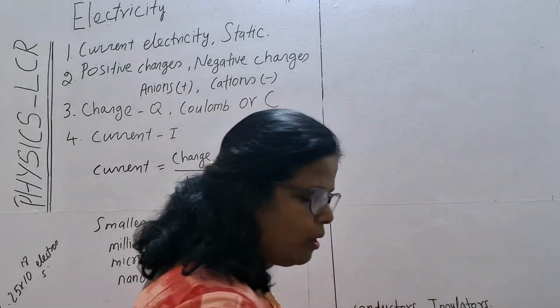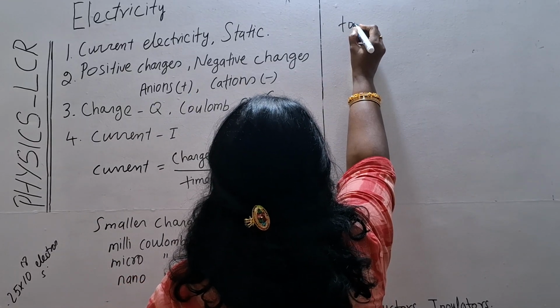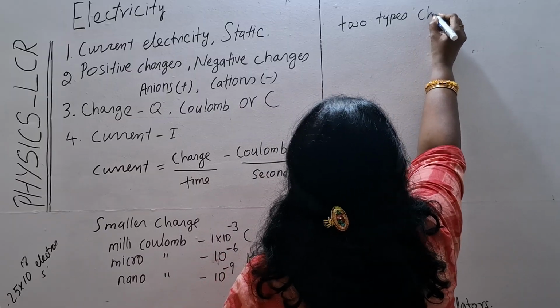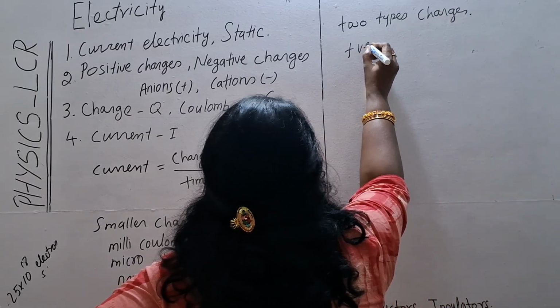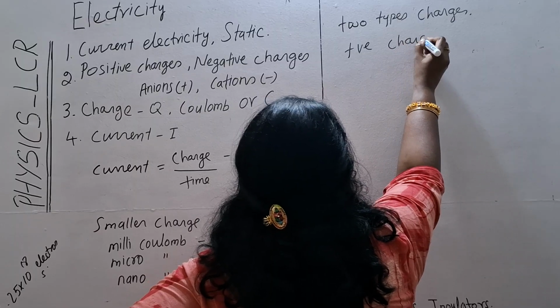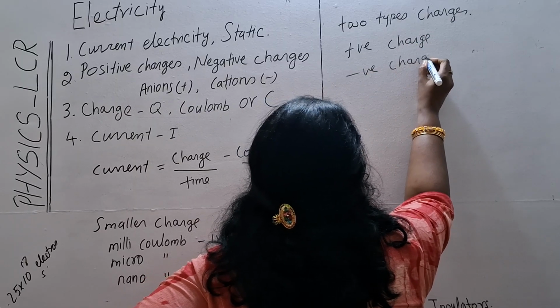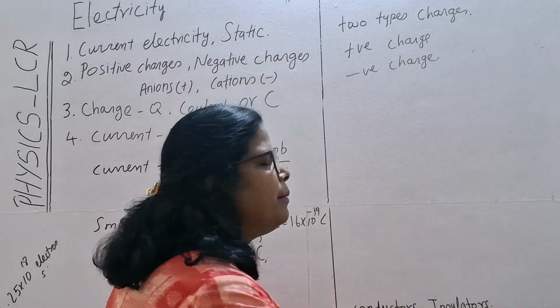Okay. So what is a positive charge, a negative charge? There are two types of charges, positive charge and negative charge. It depends upon the number of electrons.